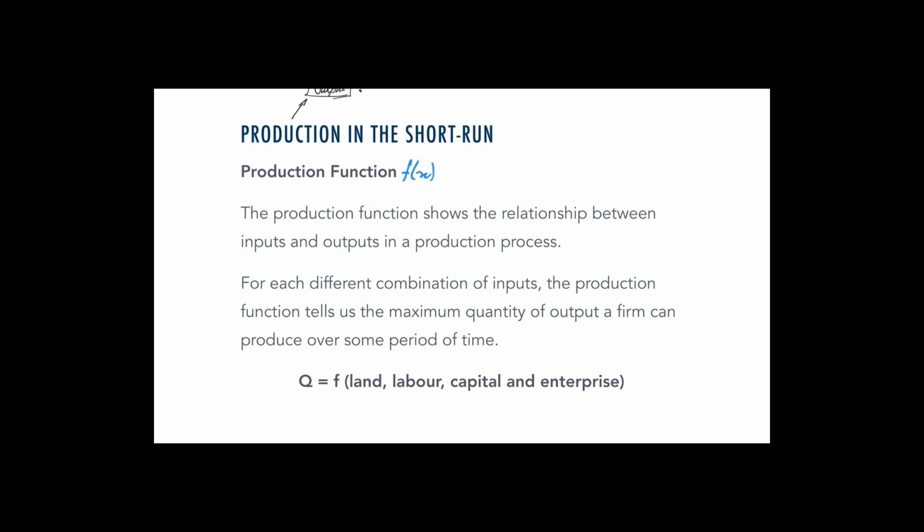What this is telling us is how much maximum quantity of a good you can produce when you have X number of land, X number of labor, X number of capital, and X number of enterprise. A combination of this is going to suggest what is the maximum quantity you can produce. I hope it's clarifying.